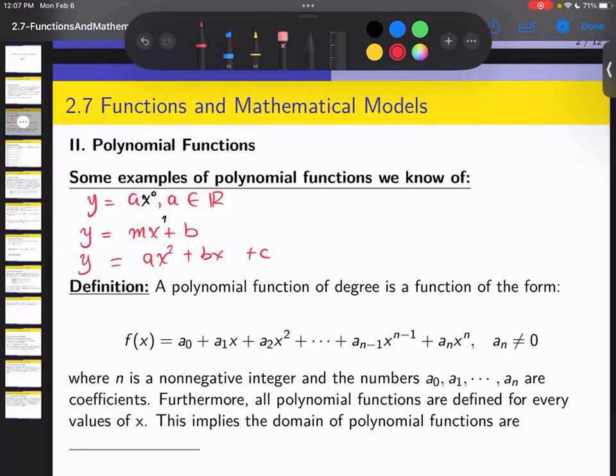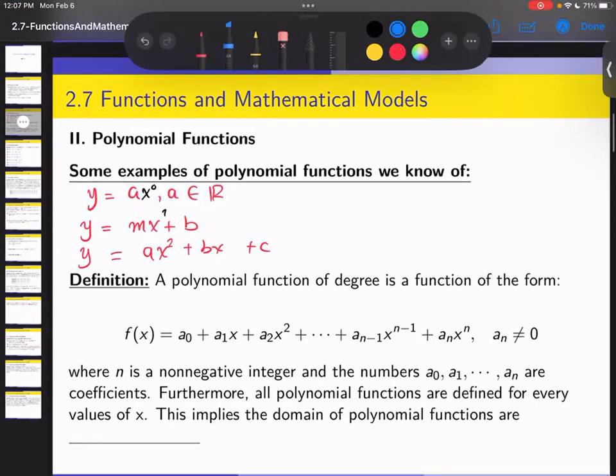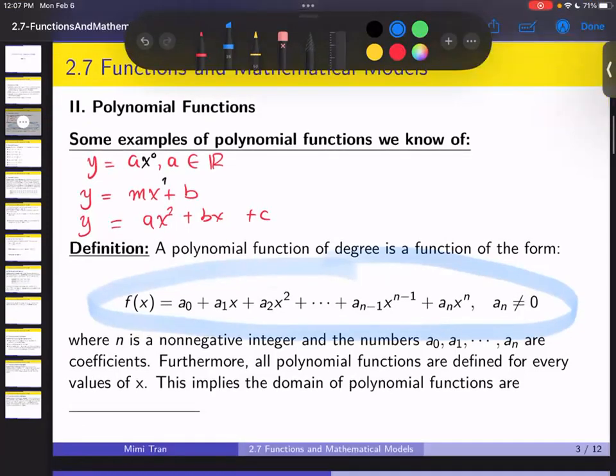In general, they're not going to write it like that. In general, you see something like this. Where a naught is your constant, right? And then you go up 1 degree, one at a time, right? a2 x squared, a3 x cubed, a4 x to the 4, all the way to a(n-1) x to the n minus 1 and an x to the n. Right? Where all your a subscripts are your coefficients.